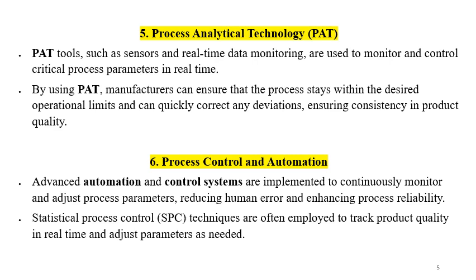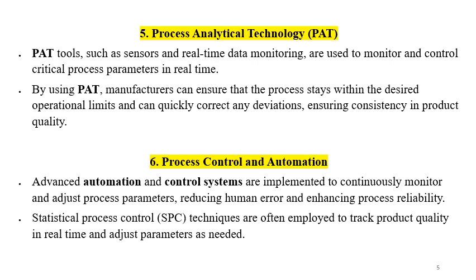Statistical process control, that is SPC, techniques are often employed to track product quality and adjust the parameters in real time as needed. An example of this can be weight control in the compression machine while making tablets.